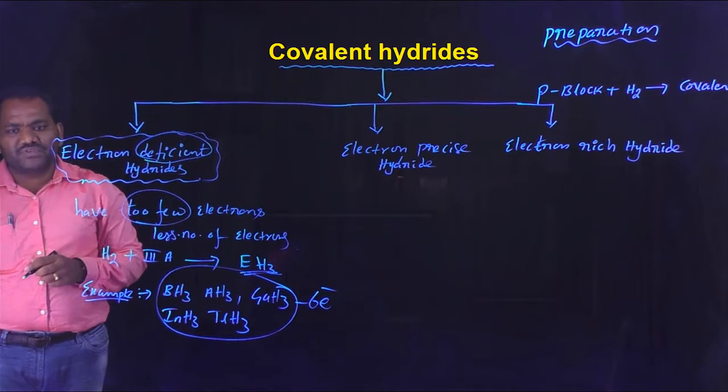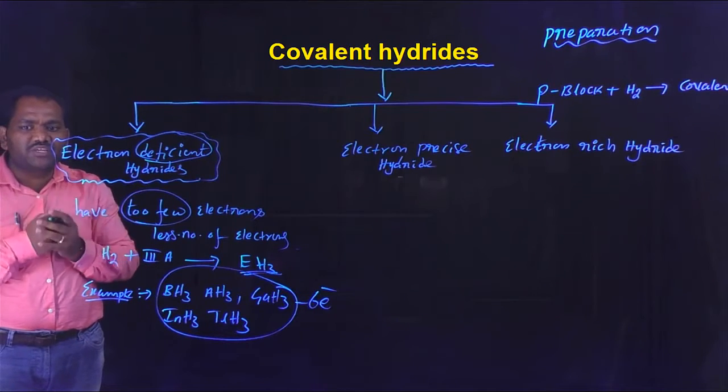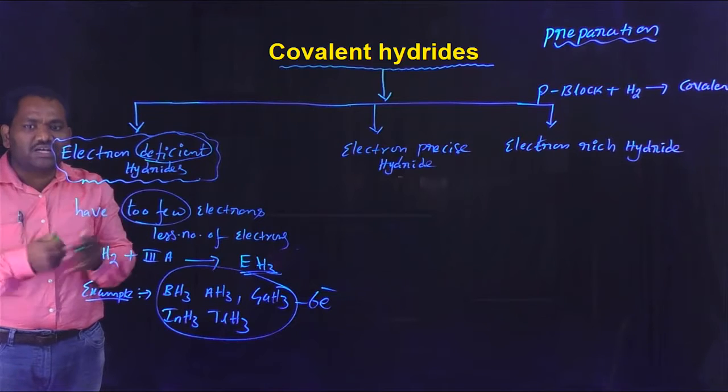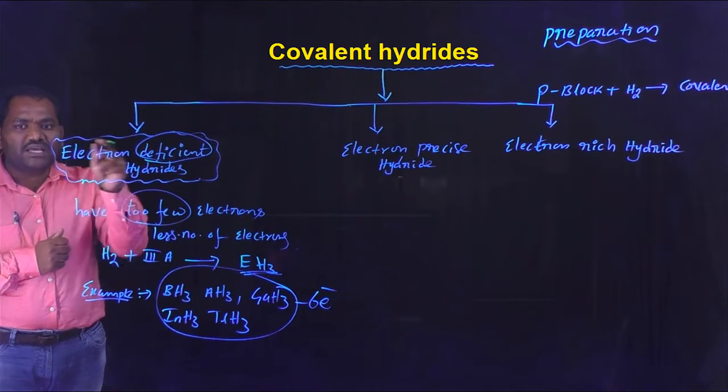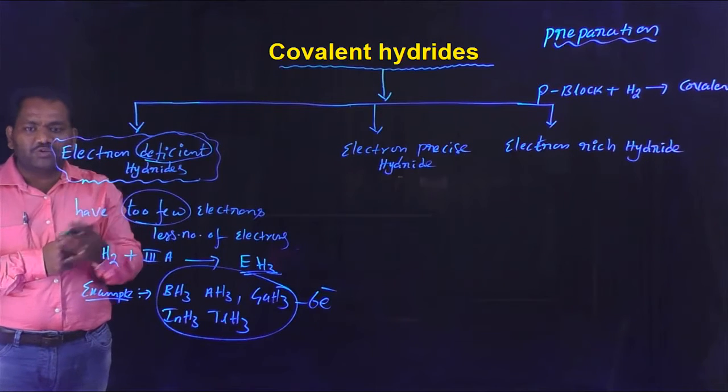Due to this deficiency, they can easily accept electrons from other elements or donors. These are able to form a coordinate covalent bond or dative bond.